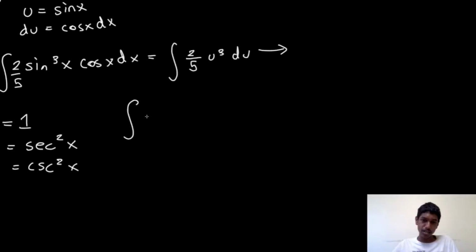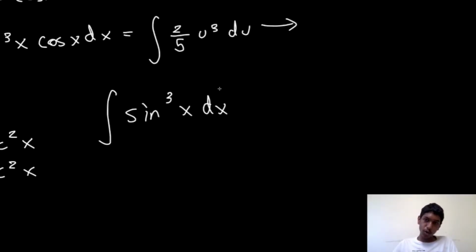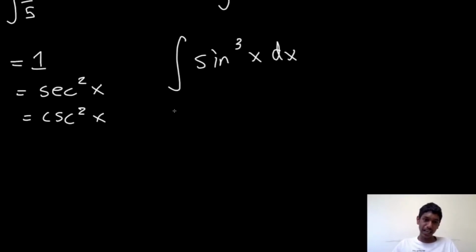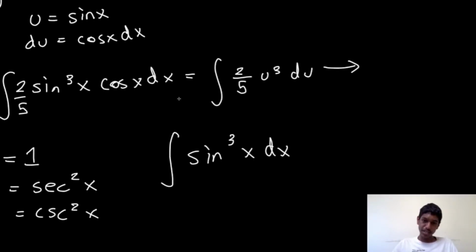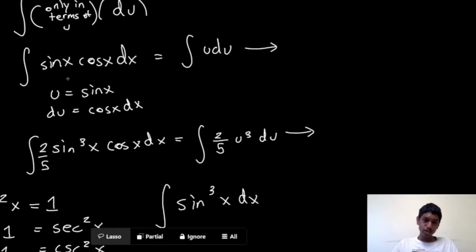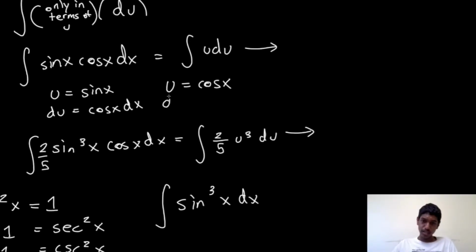So let's consider, for example, sine cubed x dx. What we do first is set aside what we want our du to be. If we chose sine x as a sub, then we want cosine x. But if we chose cosine x, then we're going to want a sine x, and this minus sign, that's okay. We can deal with that.